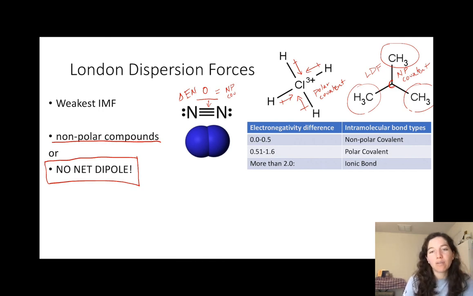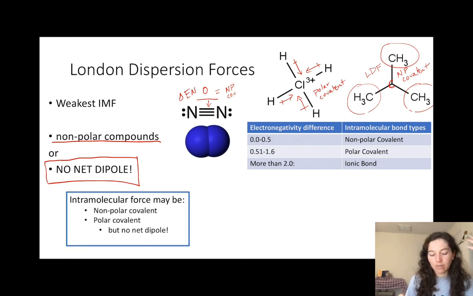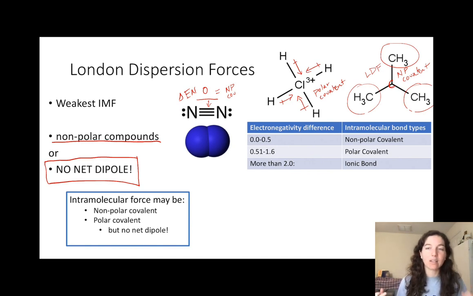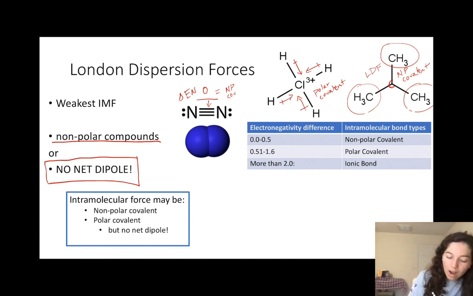So you need to be careful here when you are looking at intramolecular bonds and what type of intermolecular force that corresponds to, whenever you see a symmetry in a molecule and all your dipole moments are canceling out. So an intramolecular force that has London dispersion forces as its intermolecular force could be a nonpolar covalent bond.